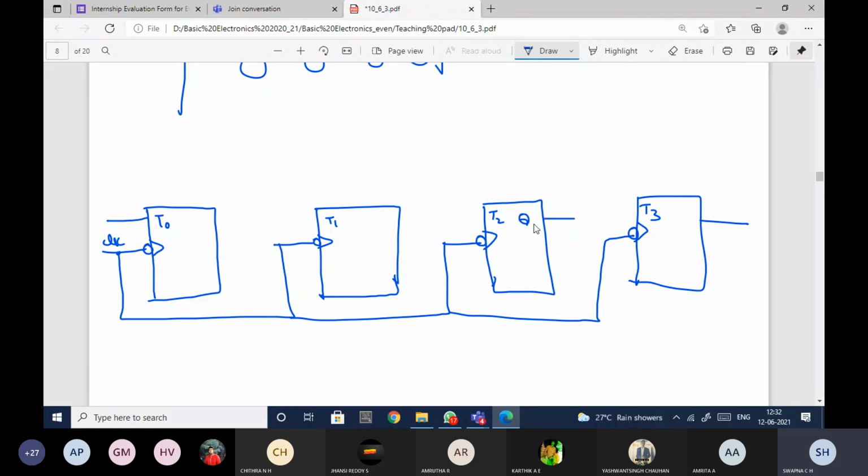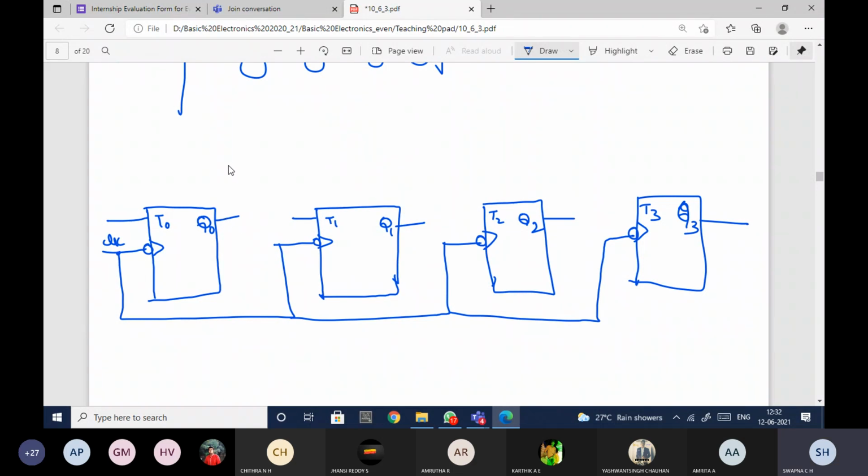So this is Q3, this is Q2, this is Q1, this is Q0. Reading 0 0 0 0, next 0 0 0 1, like that, from right to left will give you the correct operation of the counter.